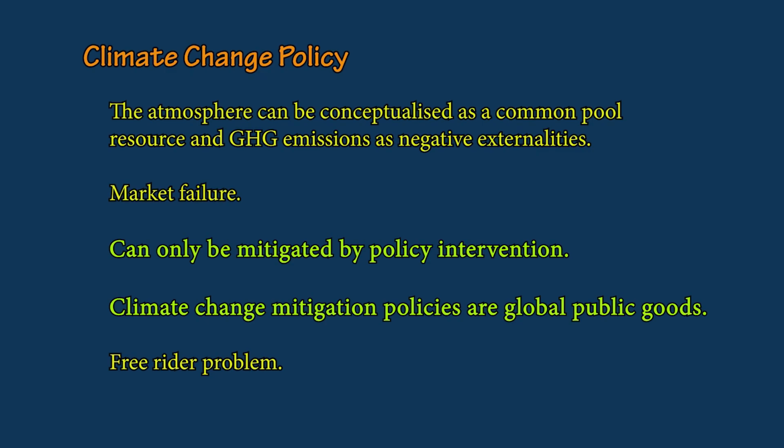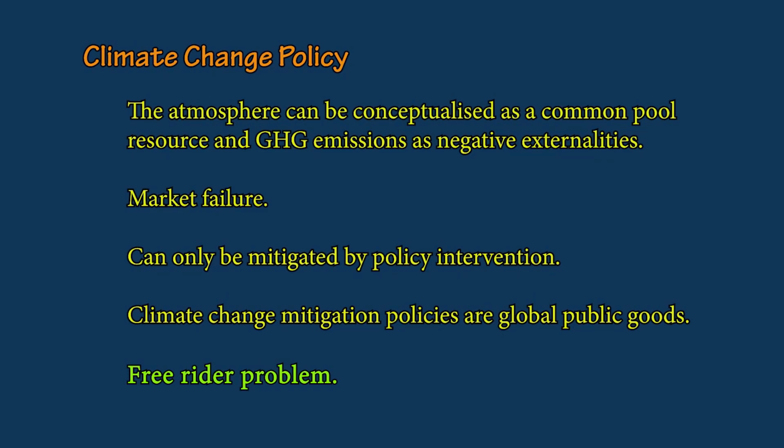Climate change policies can be thought of as a global public good. So if some climate action or new climate regulation is taken up, it benefits all the countries, all the nations in the world, right? So these benefits are non-excludable in nature and also non-rival in nature. Hence, we are calling this a global public good.